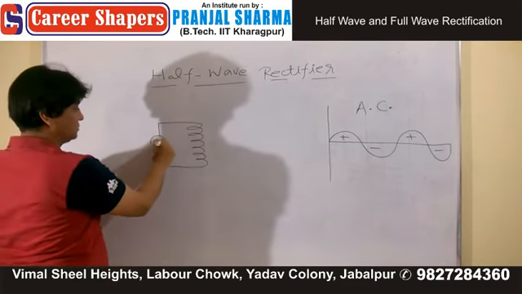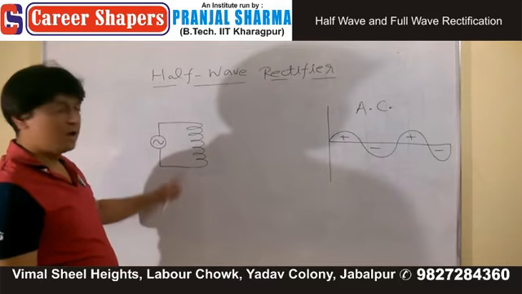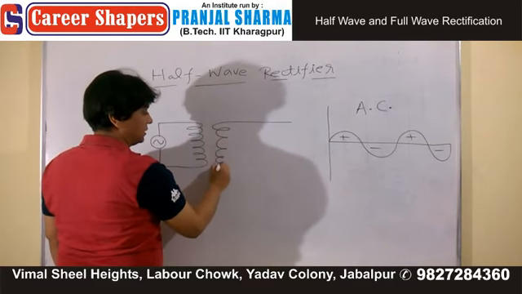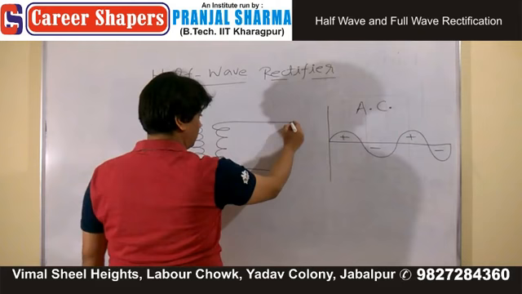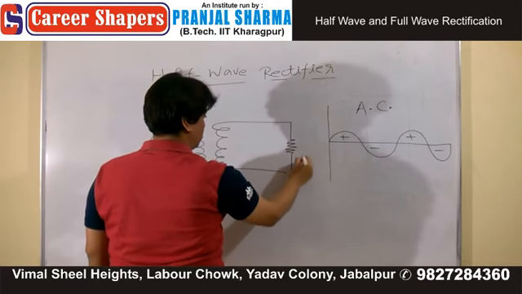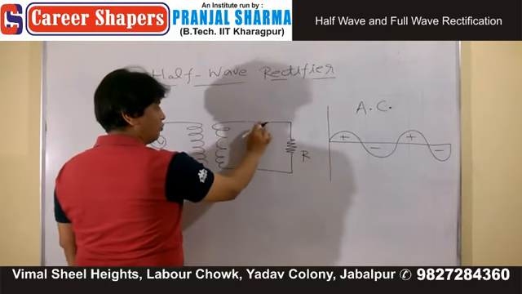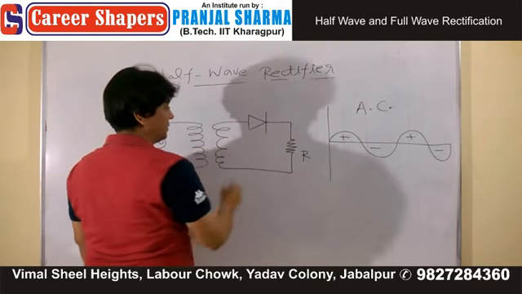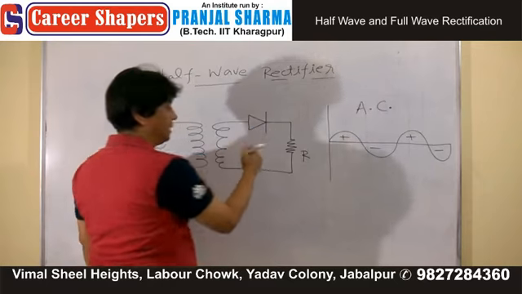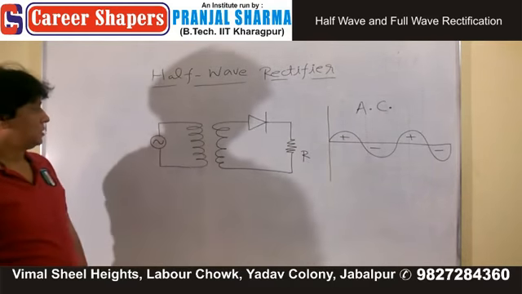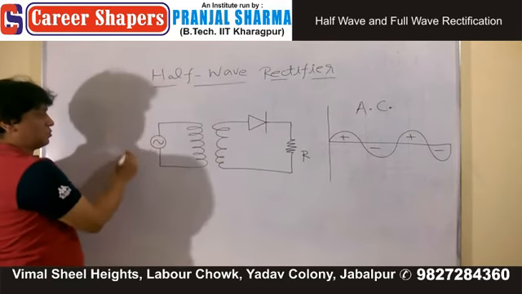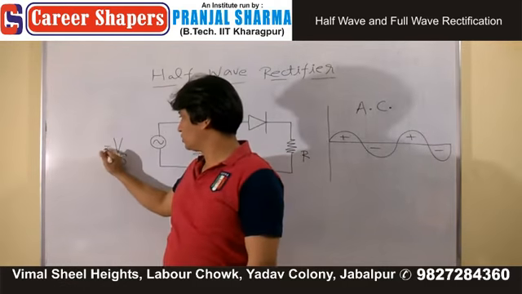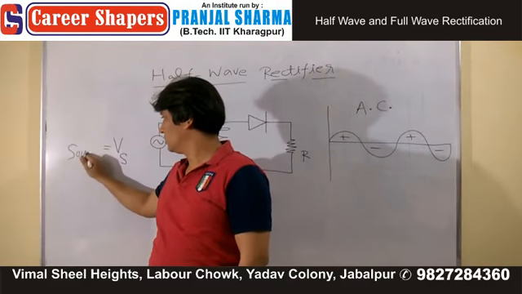We have an AC source and a transformer coil connected to an external load, with a diode in series, like this. This is the source voltage, Vs.